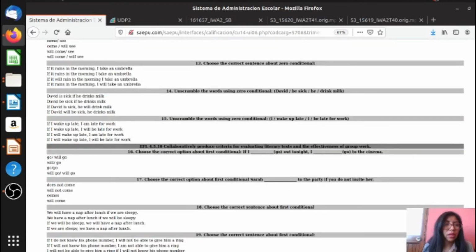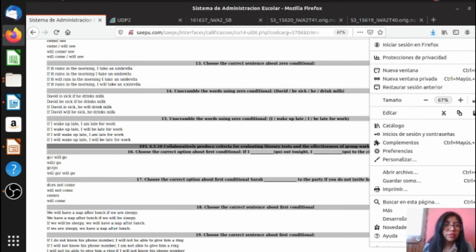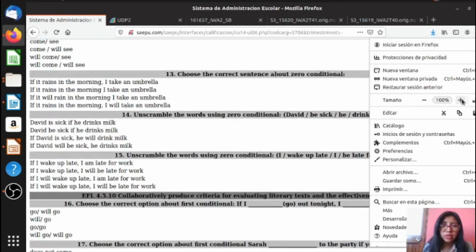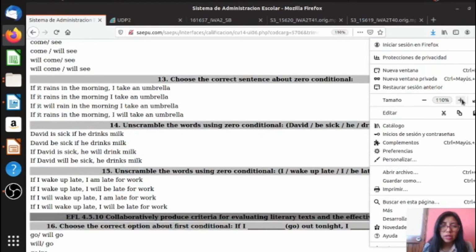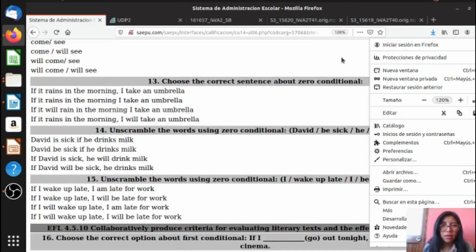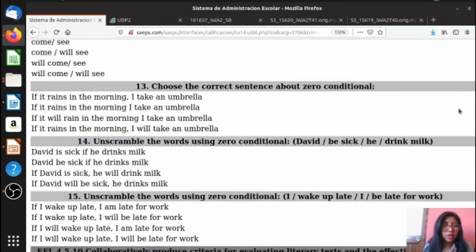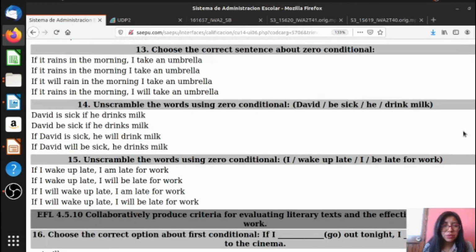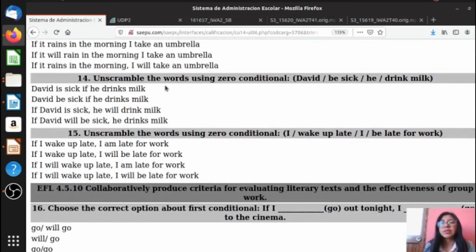Okay, so I am going to put in the Zoom in order to see in a better way. I think, yeah, in that way that is better. Okay, yesterday we reviewed 2 sentences on zero conditional, and we are going to review the next one. In this case, unscramble the words using zero conditional.